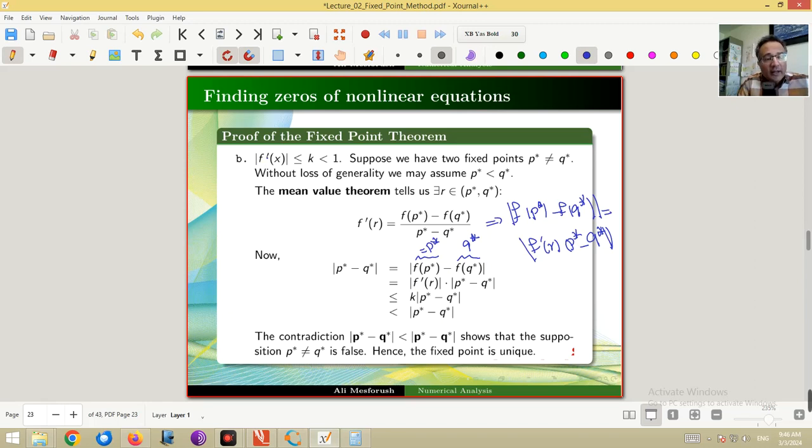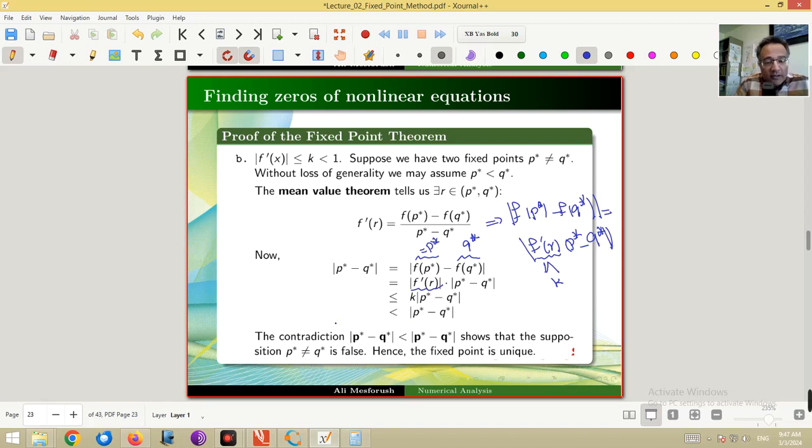But we know that the absolute value of f prime of x is less or equal k, okay, for all x in the interval. So here f prime of r is less or equal k. So we put k instead, and we get k times the absolute value of p star minus q star. But k is strictly less than 1. So it should be less than the absolute value of p star minus q star.